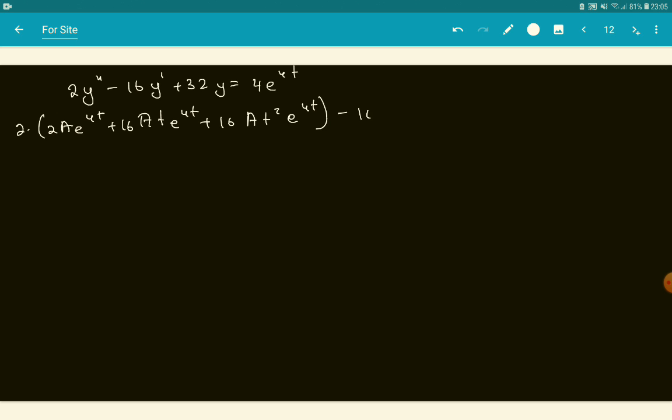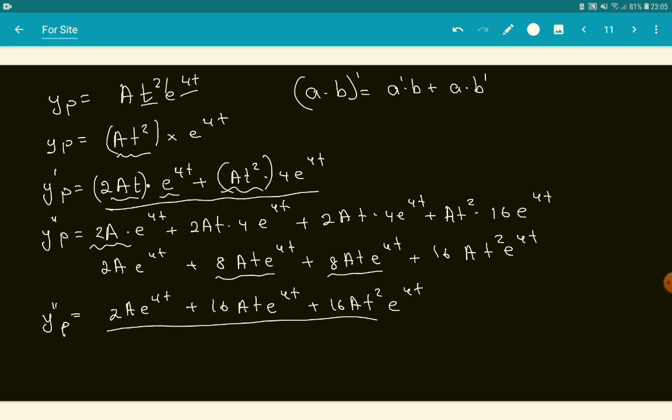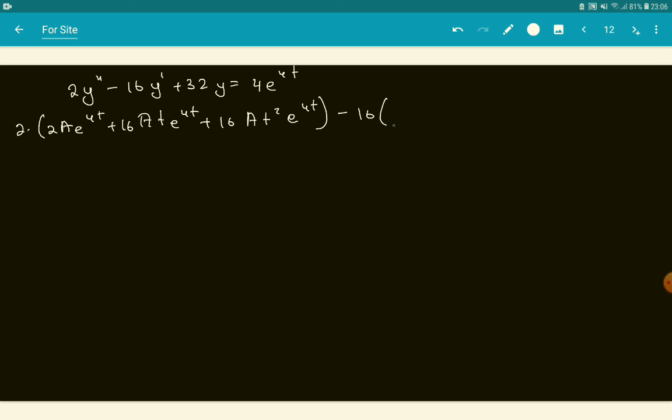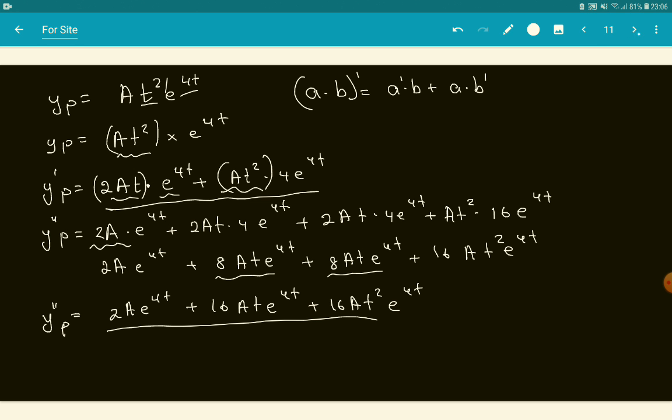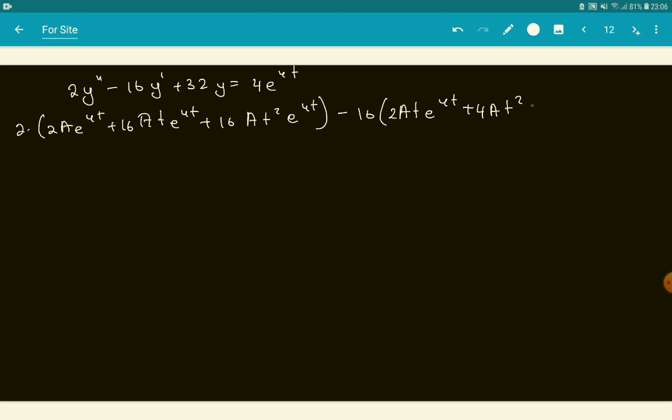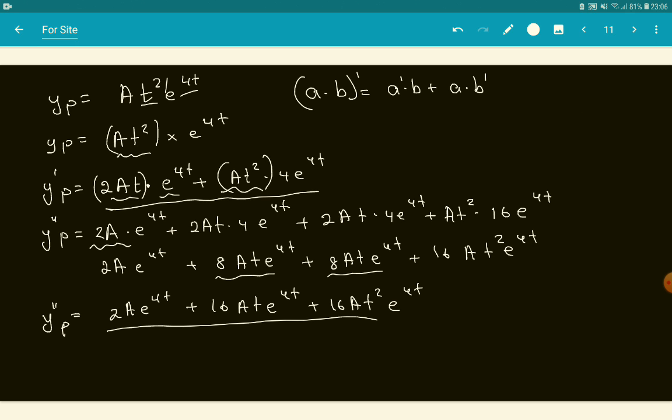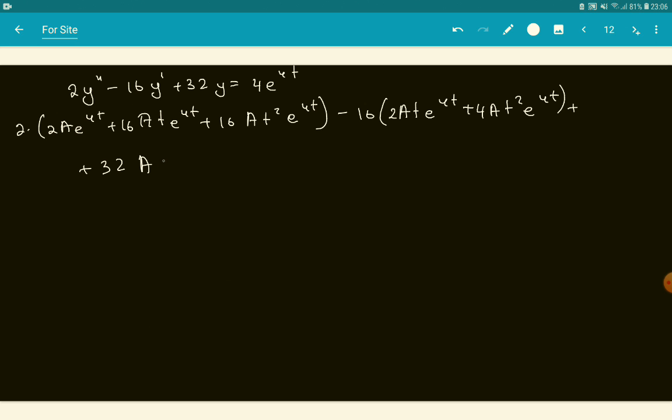Now negative 8 times y prime, which is 2at e^(4t) plus 4at squared e^(4t). Plus 16y, and y was at squared e^(4t).